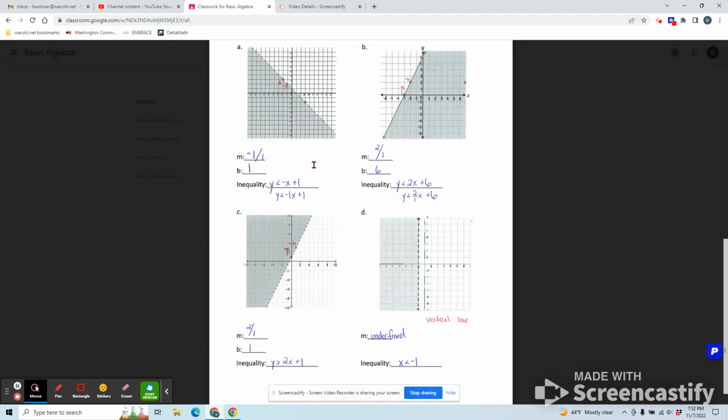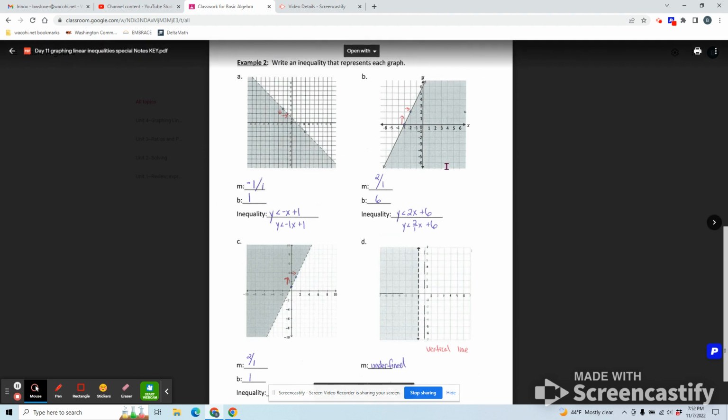Below would be a less than symbol. And since it's dashed, it's just less than. So here's my answer. Y is less than negative x plus 1, or y is less than negative 1x plus 1. Either one works.